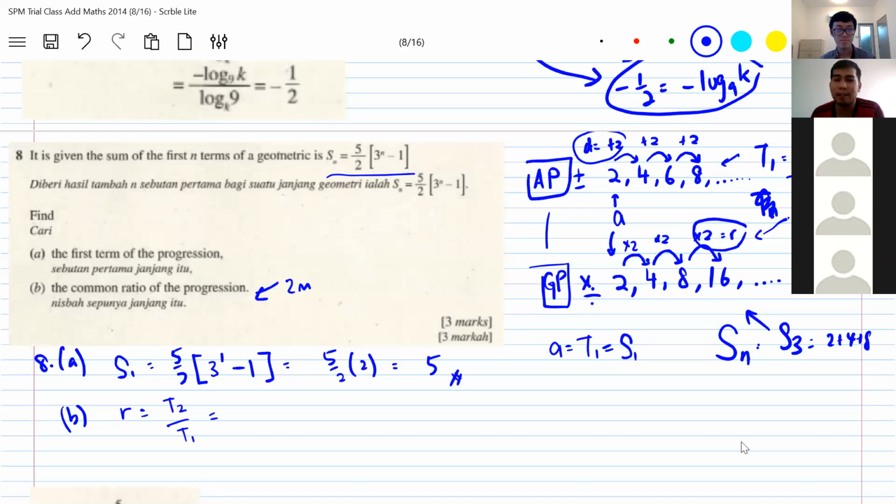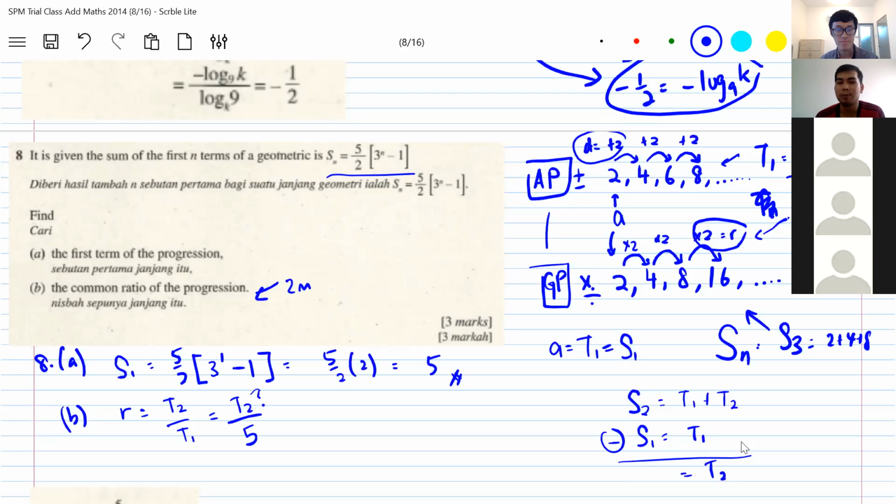What is T2? If you look at S2, it's actually T1 plus T2. S1 is equal to T1. If you take away S1 from S2, that will actually just give you T2.